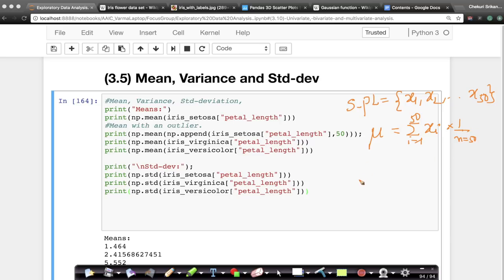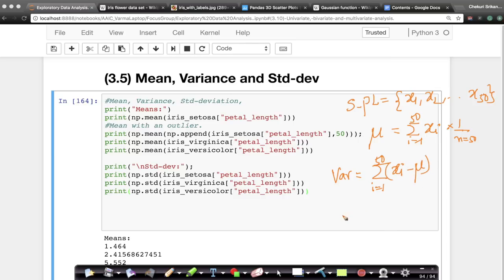So what is spread? Spread basically says how far are my points typically from my mean, right? So variance is often defined as the summation across all points, take each of my points xi, subtract the mean from it, right?